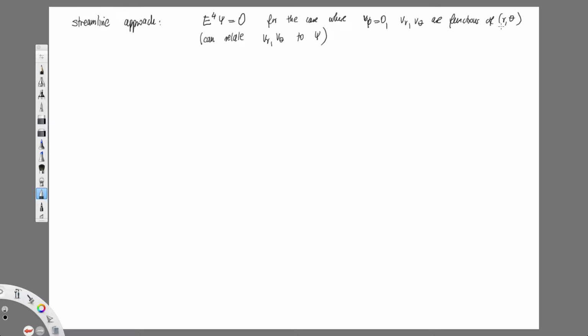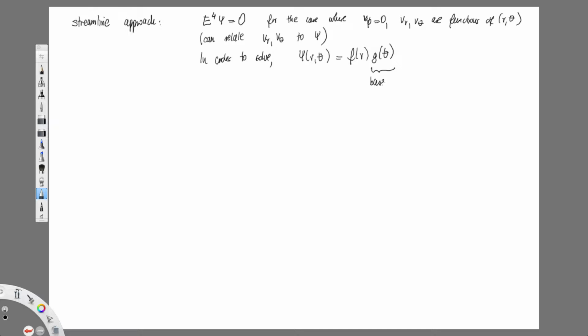In streamline approaches, in order to solve, separation of variables is required. So psi of r, theta is assumed to be a function f of r times g of theta. And not only that, you also have to guess g of theta, typically based on the boundary conditions.